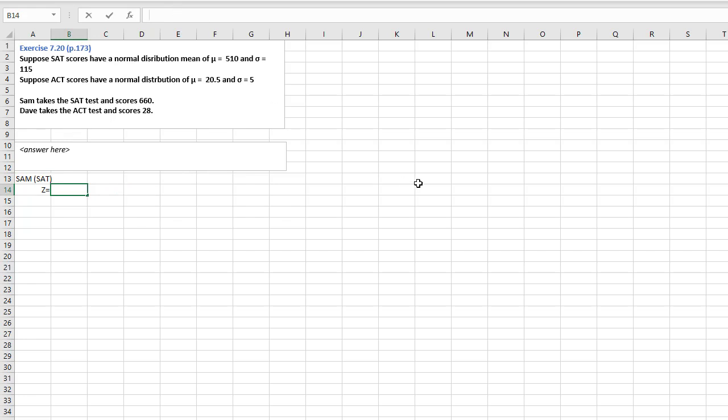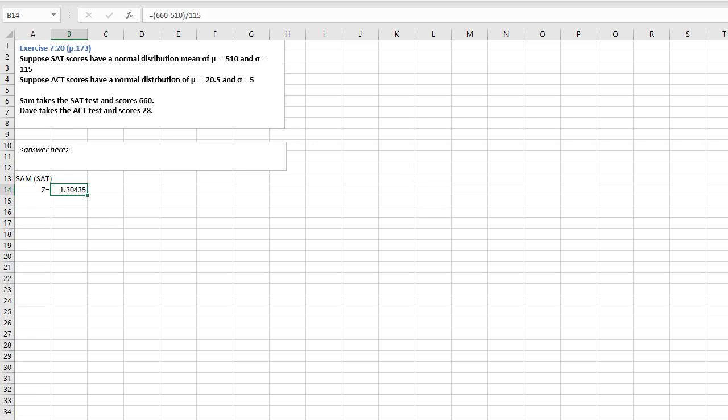Okay, so he scores a 660. And I'm going to just put in the z-score. I'm going to open up parentheses, 660 minus 510, close parentheses, divided by the standard deviation, and that is 115.